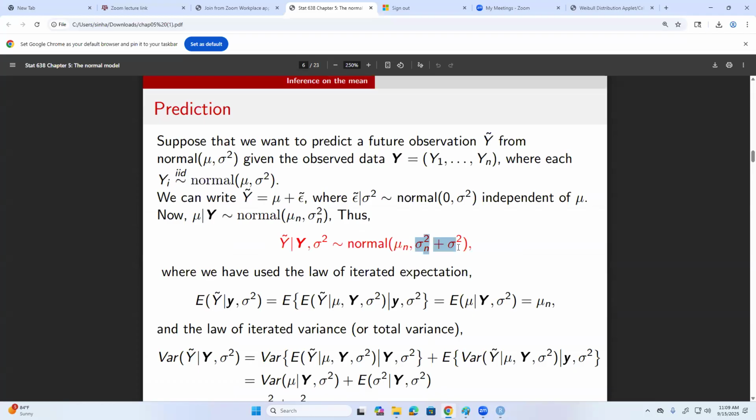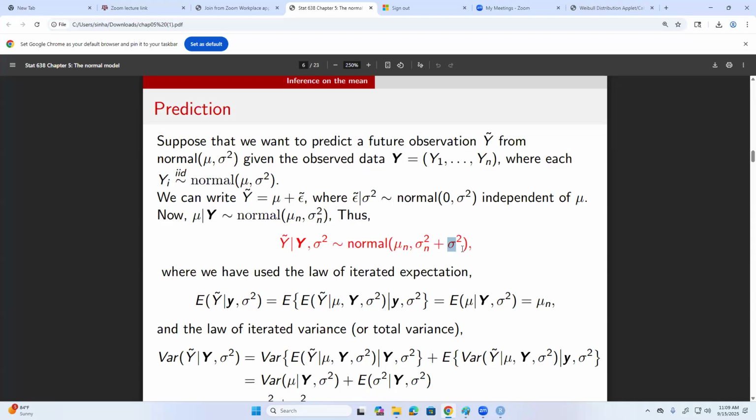Sigma n square plus sigma square. This is the variance of the predictive distribution. I'm writing the standard deviation of the predictive distribution. Therefore, it is the square root of this quantity. And sigma in our experiment is given.